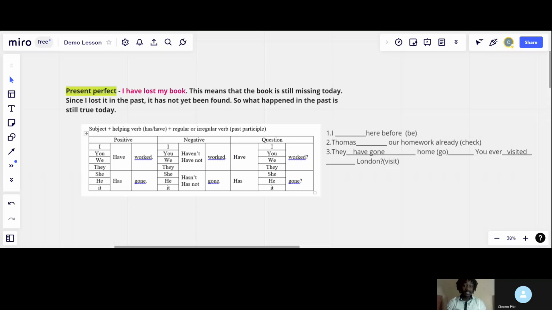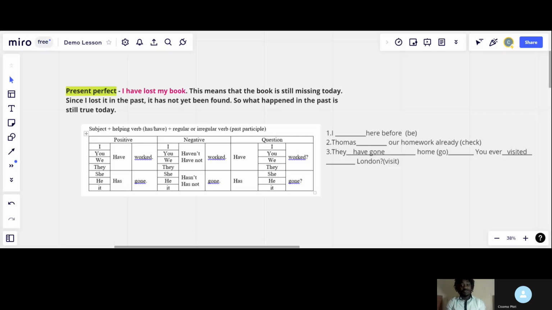She, he, it, or just the name of a person, we use has. So I have worked, he has worked. She hasn't worked. He hasn't worked. Have I worked? Have you worked? Has she worked?